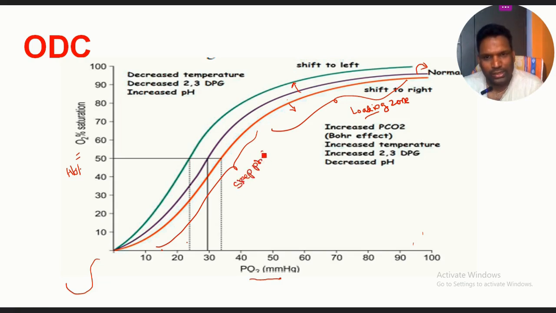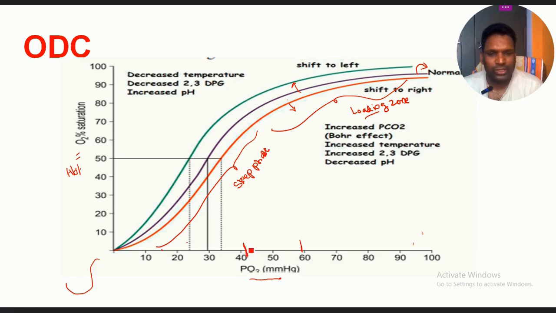At a partial pressure of 100 mm of Hg, the percentage of saturation would be only 97, and complete 100% saturation will not be present. That is one point to be remembered. This is about the loading zone.